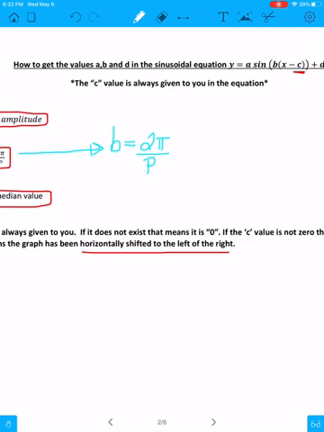So normally for A, we just put in our amplitude, made it positive or negative depending on what they told us. For D, we put in our midline. Our period can never go in for our B. We have to do this middle step and solve for B using our period. So B is a little bit more work.